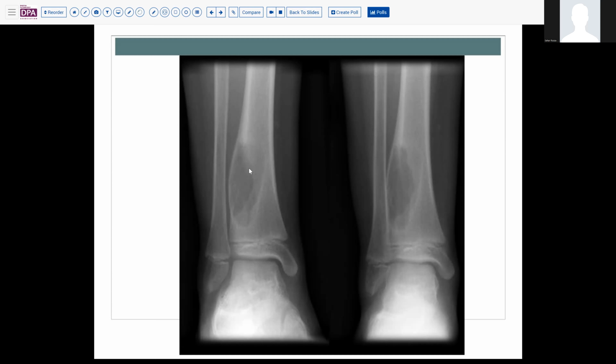And so sometimes if there's confusion, we may need to resort to some additional testing. And recently, we've become aware that aneurysmal bone cysts, the primary sort, are almost always associated with some sort of a fusion gene rearrangement involving the USP6 gene.